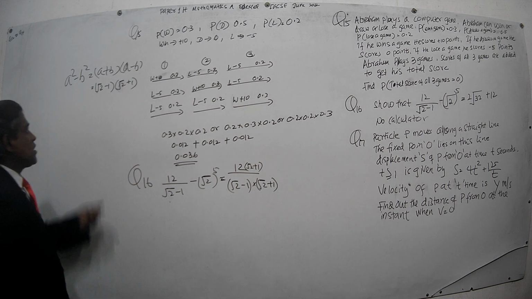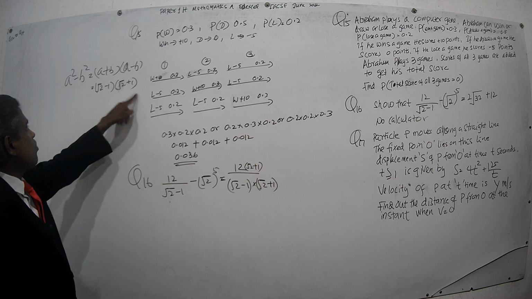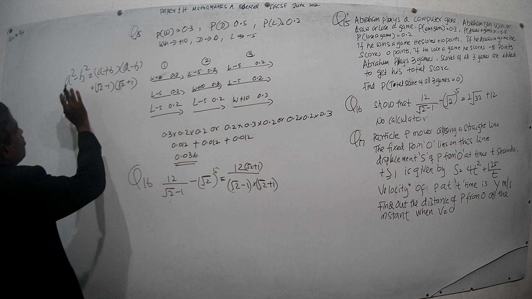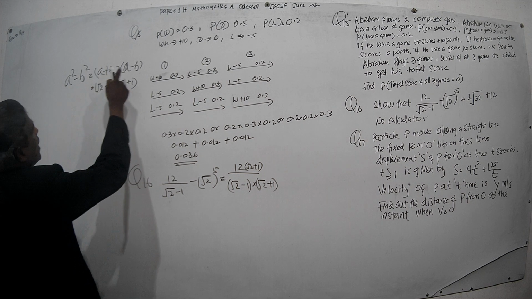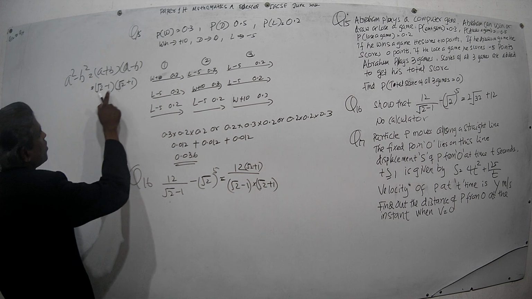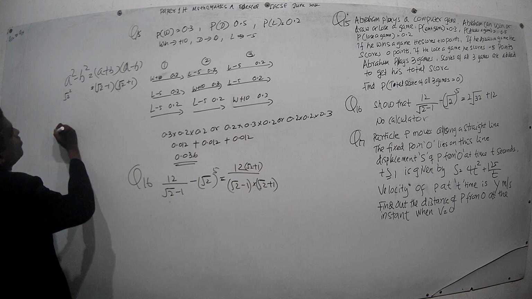Okay, now this is like a plus b, a minus b. Therefore, we build this one from this. How? A plus b, a minus b gives a squared minus b squared, therefore square root 2 minus 1, square root 2 plus 1, you can write as square root 2 squared.